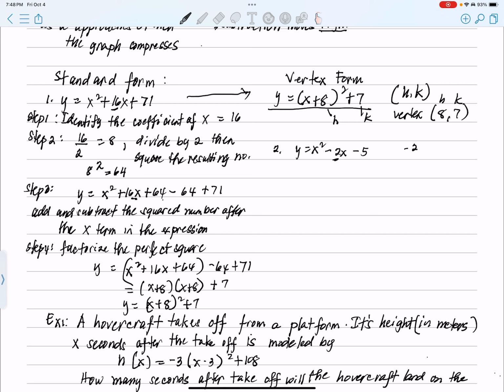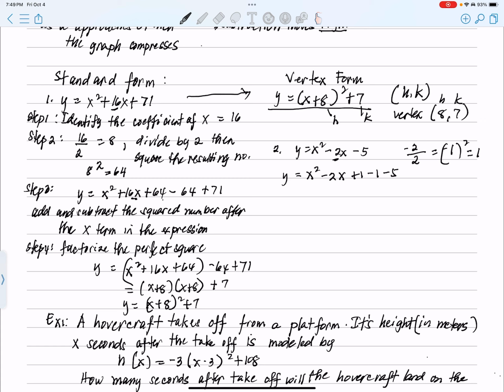Then step 2, you divide by 2. That is negative 1. Then you square negative 1 squared. That equals 1. So that means writing it down in our standard form and adding and subtracting. So negative 2x plus 1 minus 1 minus 5. So I add and subtract 1.